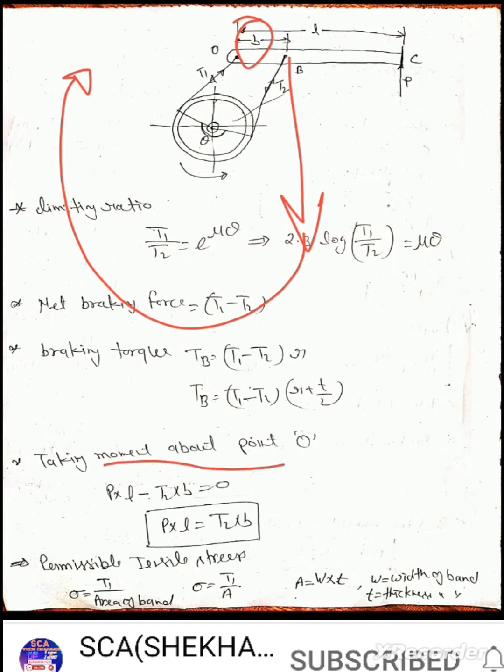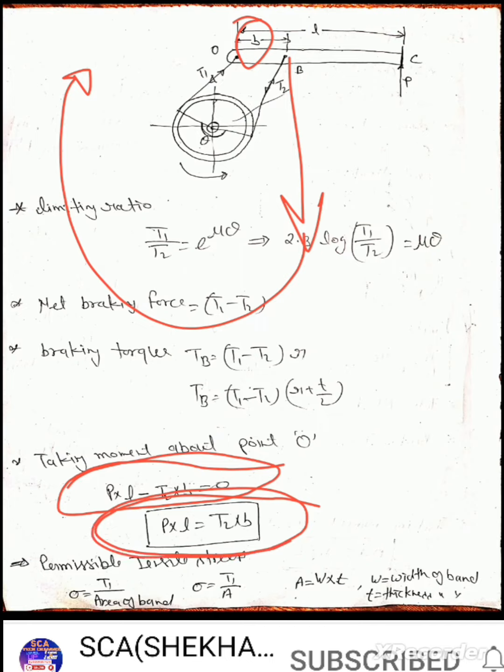So P into L minus T2 into B, the moment, will be equal to 0. That gives T2 into B equal to P into L. So P into L equals T2 into B.